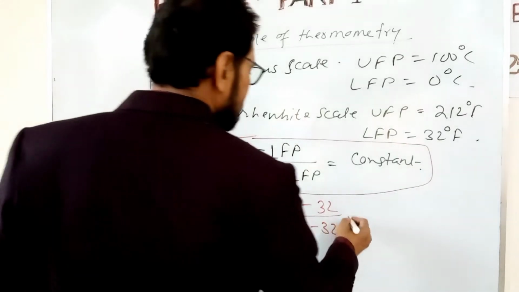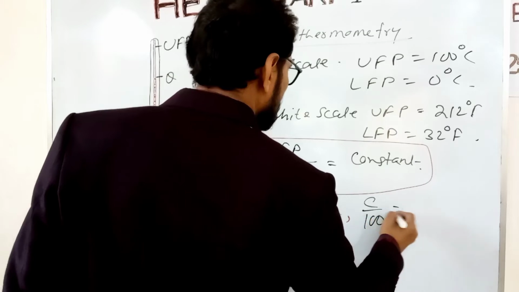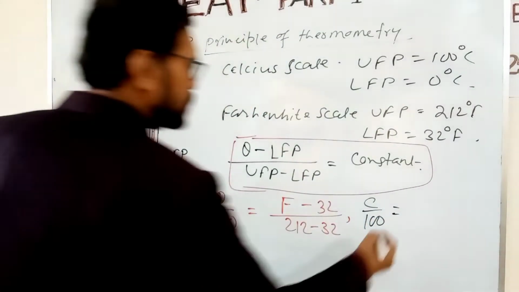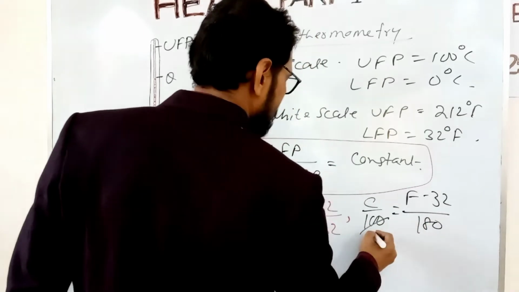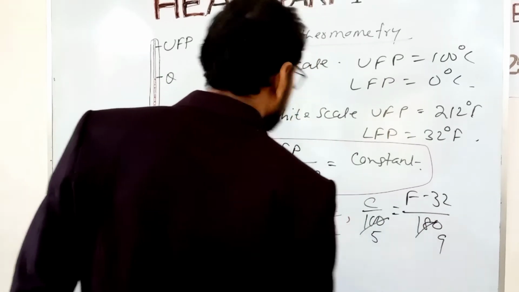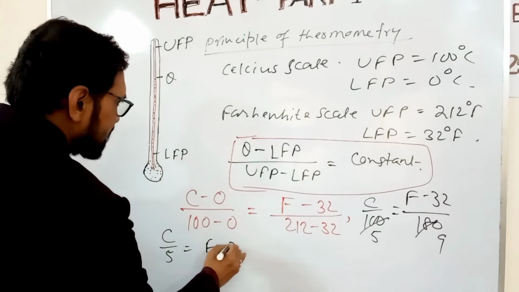So the relation is C by 100 equal to F minus 32 by 180, that is, C by 5 equal to F minus 32 by 9.